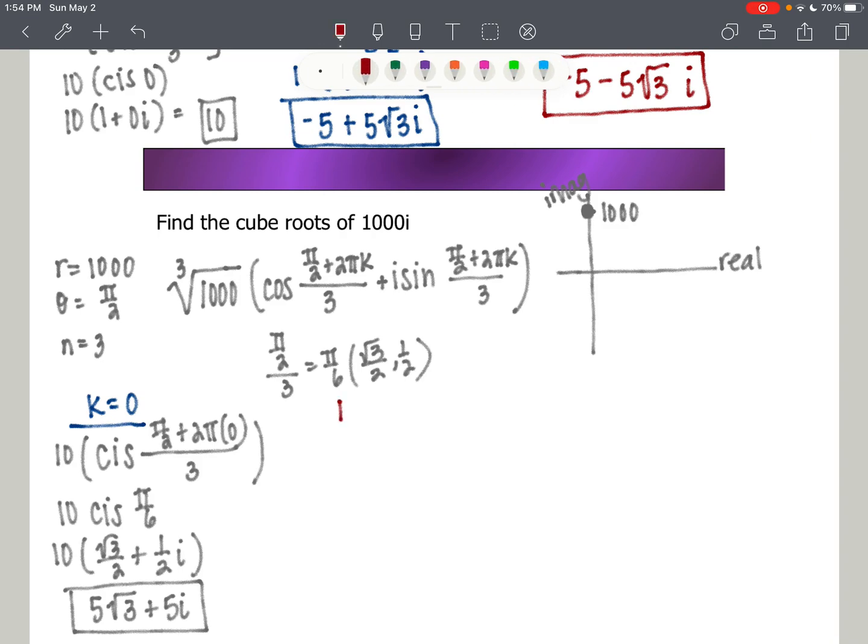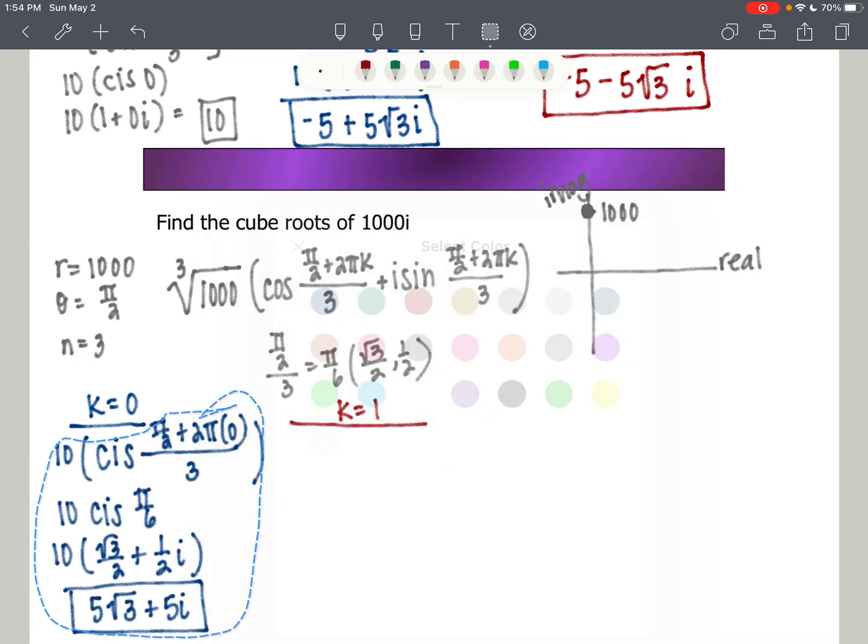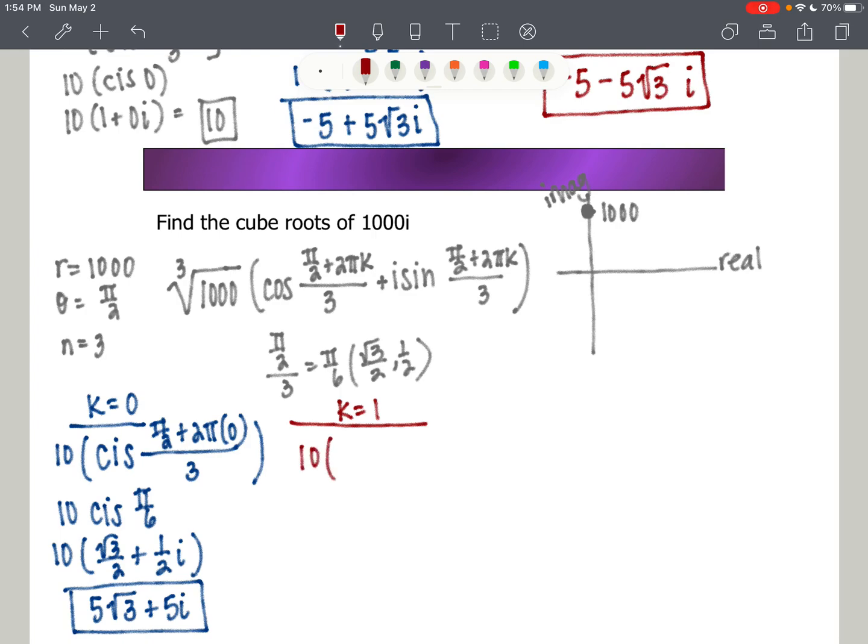Now we'll put a 1 in for k. I'm going to go ahead and make all of this blue. There we go. So we put a 1 in for k, and we'll have 10, and then cis, pi over 2 plus 2 pi times 1, so that's plus 2 pi over 3.